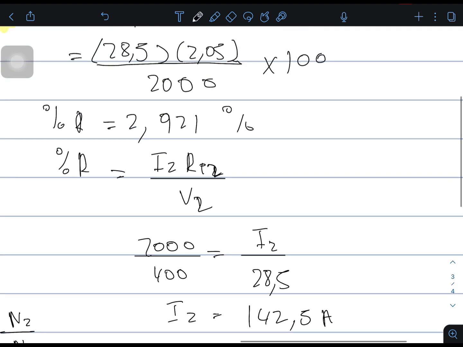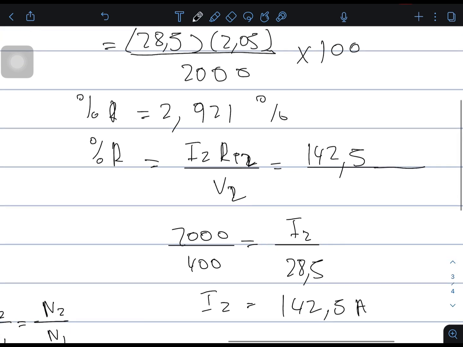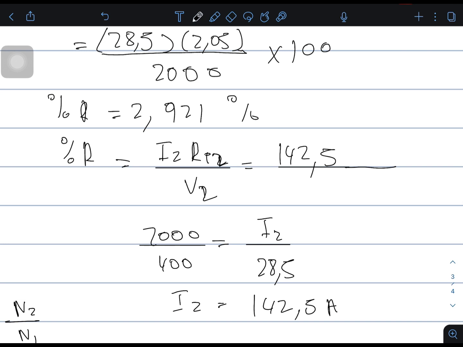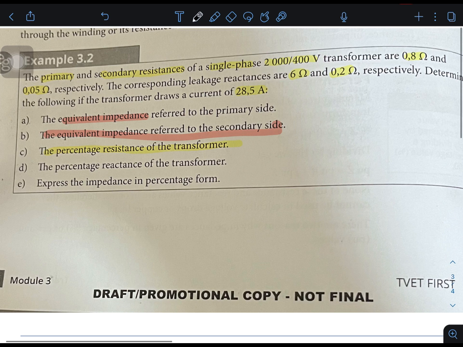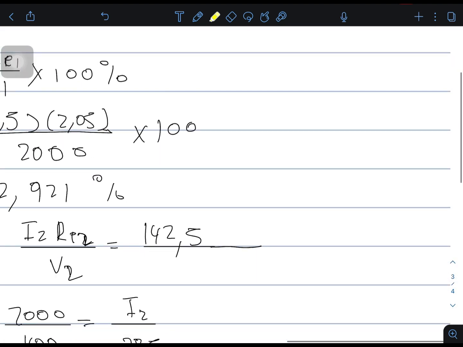Now we can calculate the percentage resistance: 142.5 over the secondary voltage, then the equivalent resistance referred to the secondary from this question, which is 0.082 over 400.